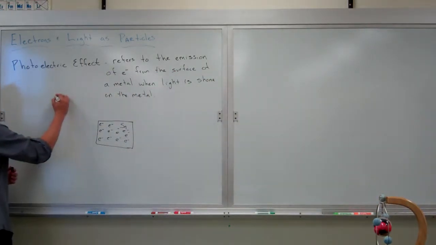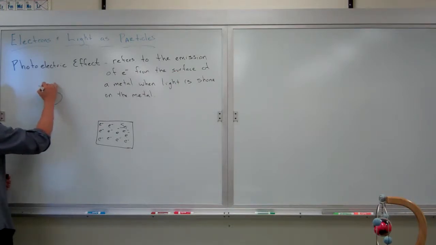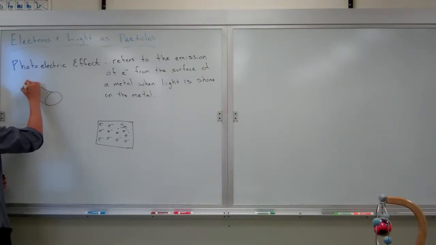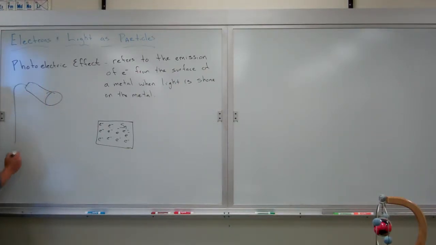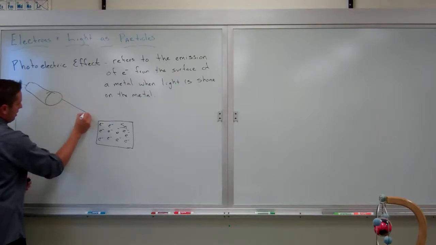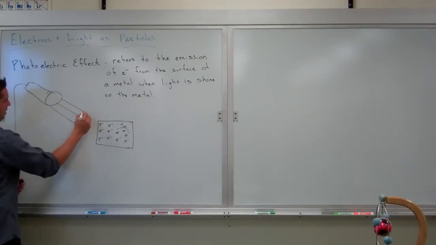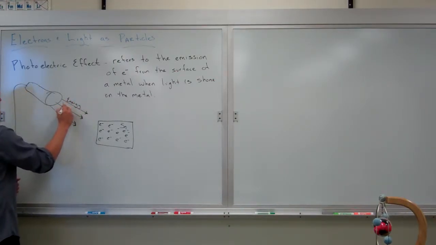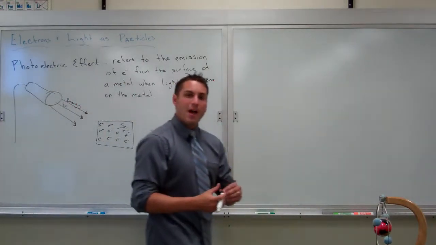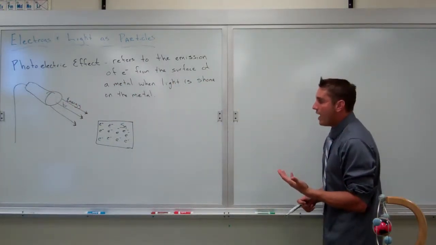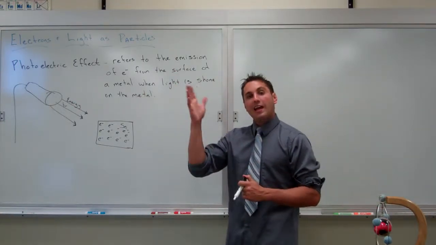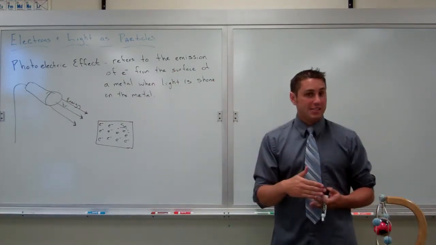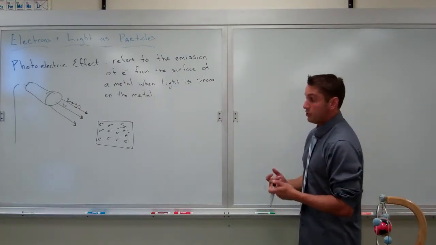If we shine light down onto the surface of the metal, and light behaves as a wave, the wave should just reflect off the metal or pass through the metal if there would be space for it to do so.